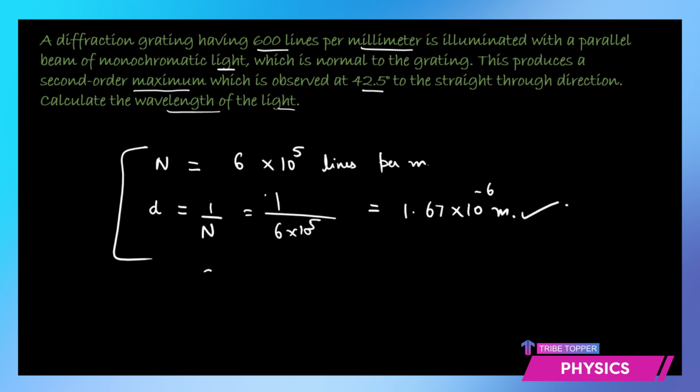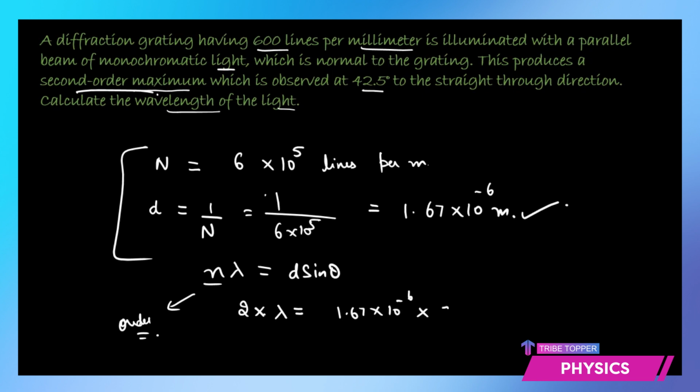Now using the relation n lambda is equal to d sine theta, where this small n represents the order of maximum, and we are talking of a second order maximum. So that means our n is equal to 2. 2 times lambda, which we have to calculate, is equal to d sine theta. d is 1.67 into 10 to the power negative 6 times sine of the angle, which is 42.5 degrees.